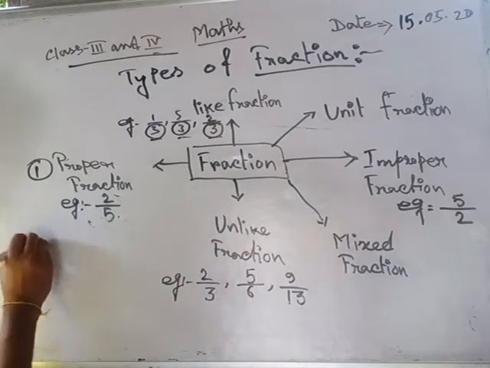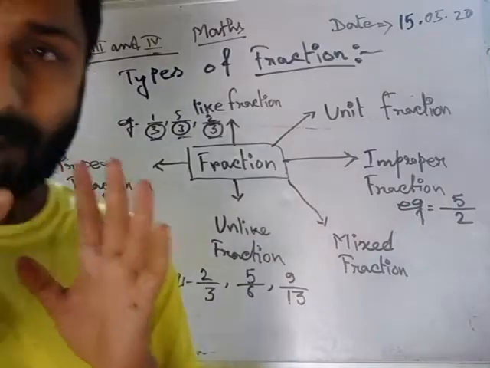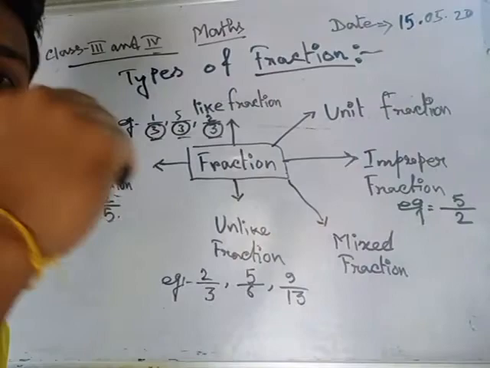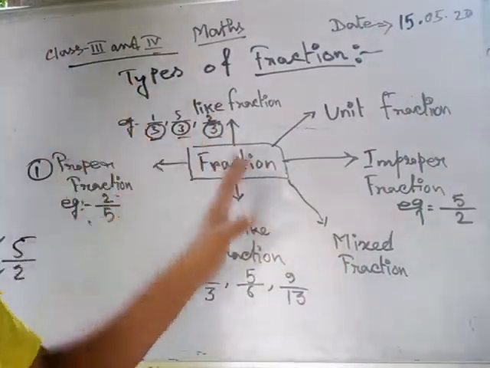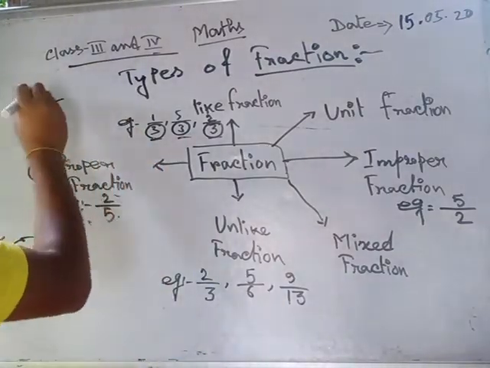When it is an improper fraction, the numerator is greater than the denominator. I will tell you again. The value of an improper fraction is greater than 1 and the value of a proper fraction is less than 1. When it is less than 1, it is called a proper fraction.